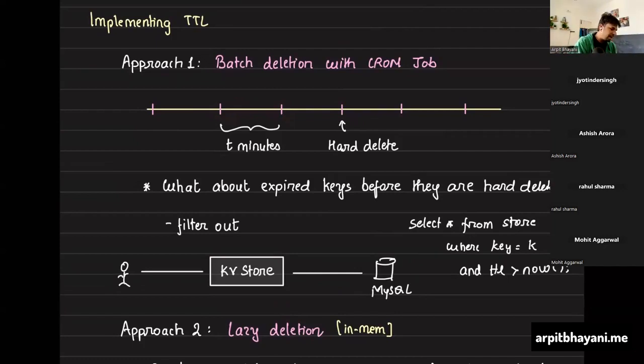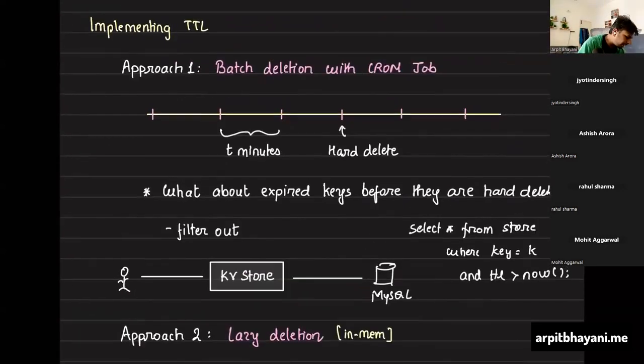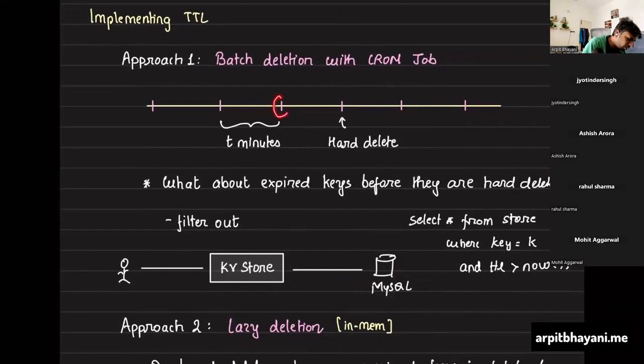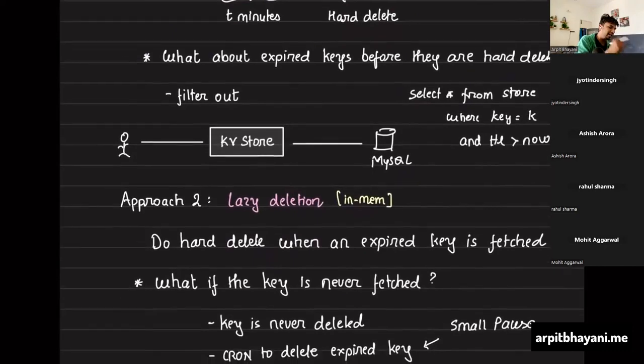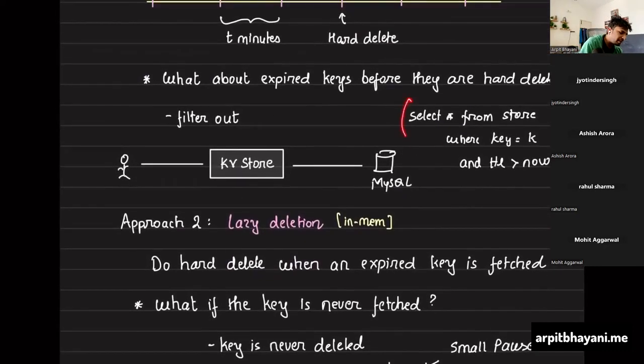But now here what would happen is, before the next hard deletion job ran, what if you read it over here? The key would still exist. So your get needs to be handled. Getting a key should not be as simple as select star from store where key equal to K. It should be select star from store where key equal to K and expired_at, or TTL, is greater than now.